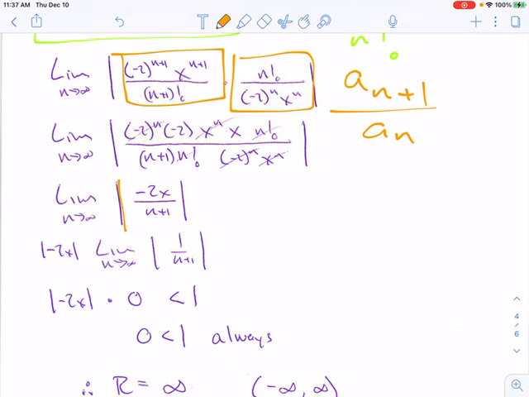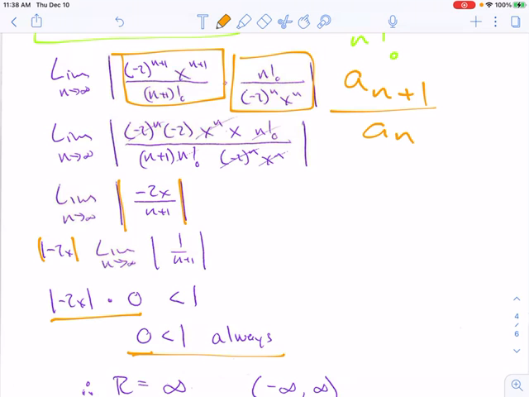We end up with the limit of -2x, which I bring out in front, times the limit as n approaches infinity of 1 over n plus 1, and we know that is going to be 0. So the absolute value of -2x times 0 is 0, which is always less than 1.